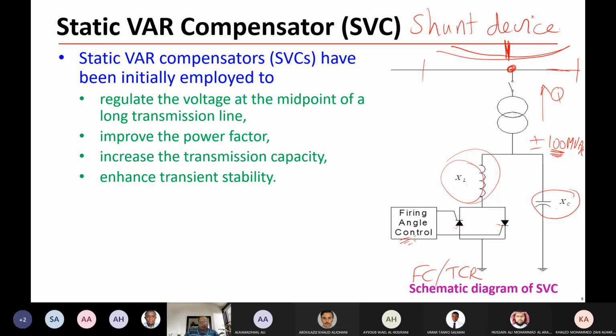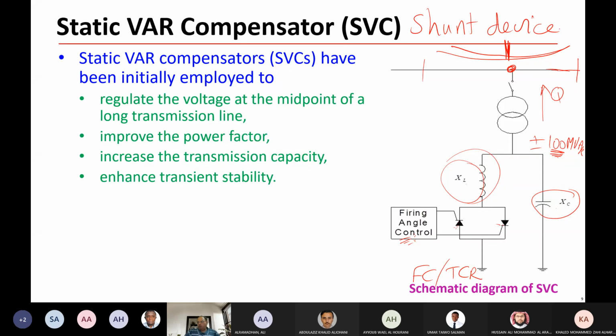Of course, usually the primary objective, or primary function, of devices like the static VAR compensator is voltage regulation and shunt compensation of the reactive power, power factor, and the voltage regulation.